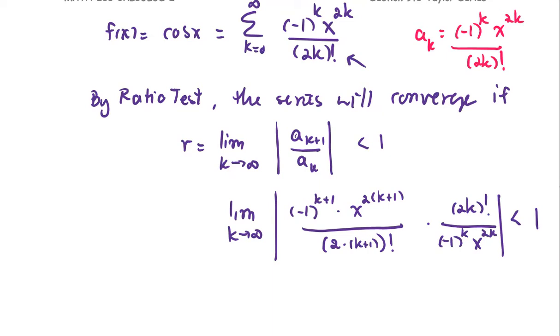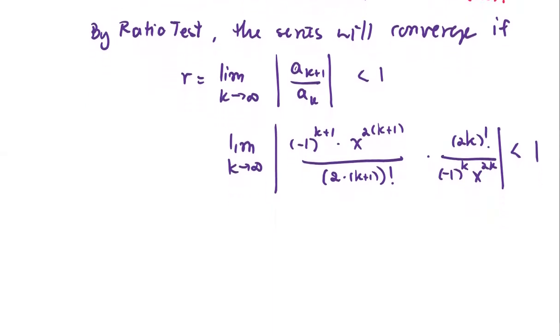Next, we are going to simplify the expression in the absolute value. The absolute value will take care of the negative sign that comes from reducing negative 1 to the k plus 1 and negative 1 to the power k. For x to the power 2 times quantity k plus 1, that is x to the power 2k multiplied by x squared, using the property of exponents. Then x to the 2k will be reduced with the factor on the bottom.